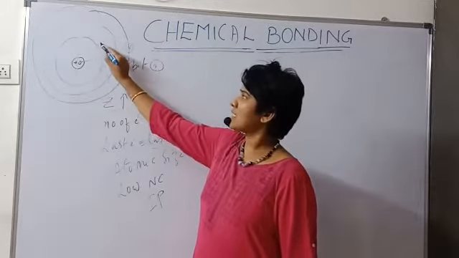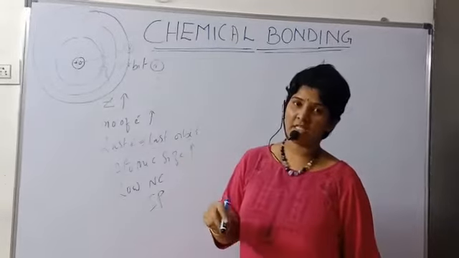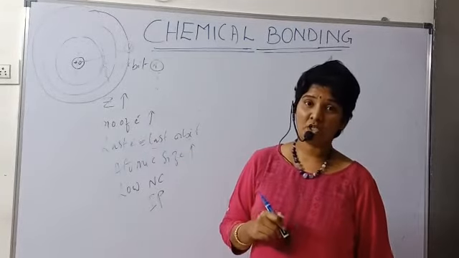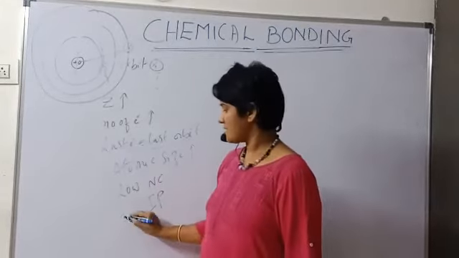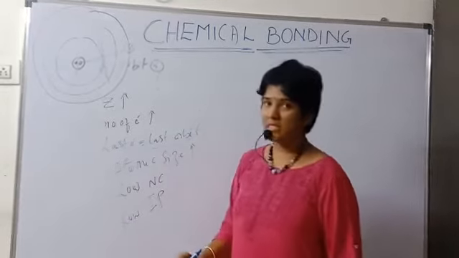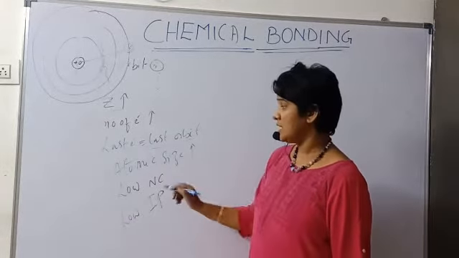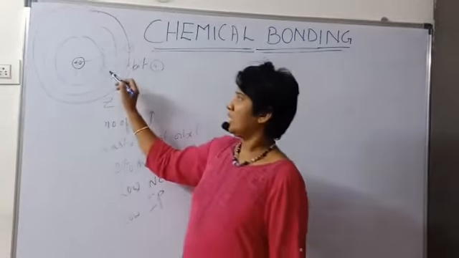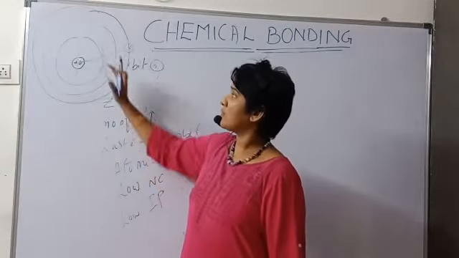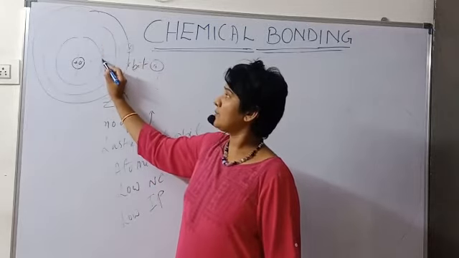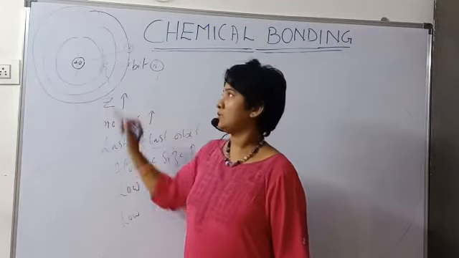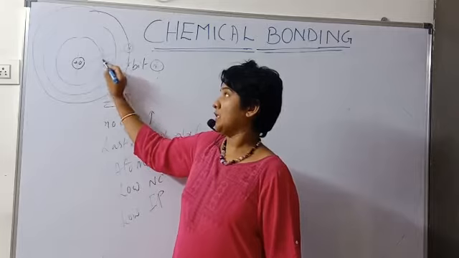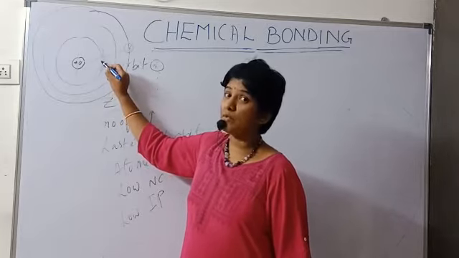So to break this attraction, the required energy, which is called ionization potential, is less. So the larger the size of the element or atom, the lower is the IP value. At the same time, if you want to remove the electron from a small atom, in a small atom the electron is very close, so therefore the attraction on the electron from the nucleus is more.